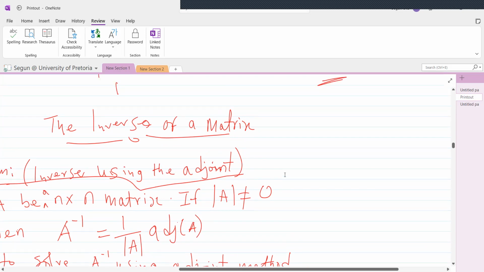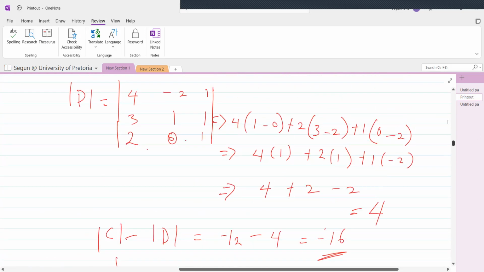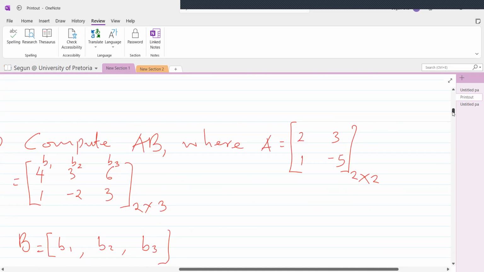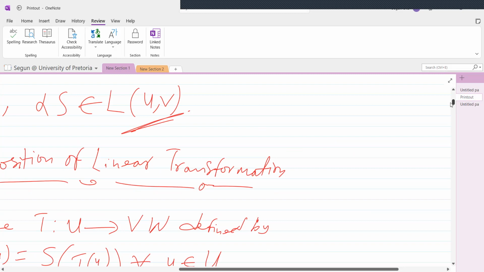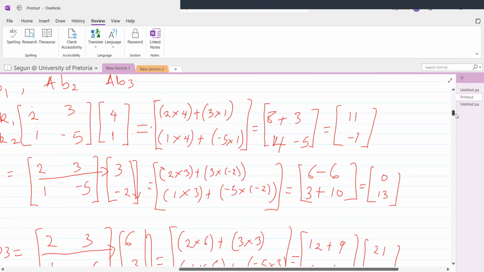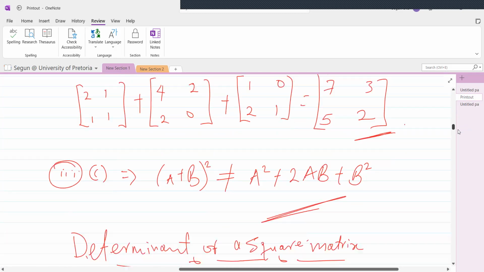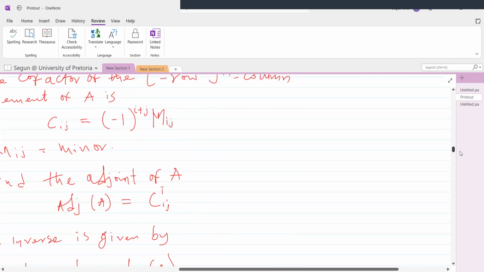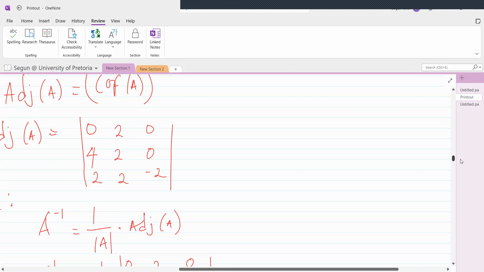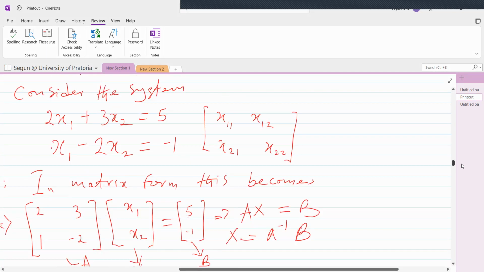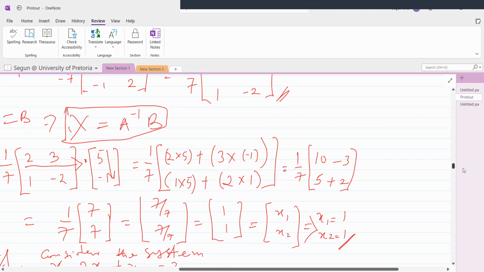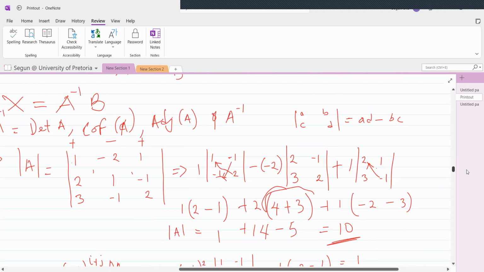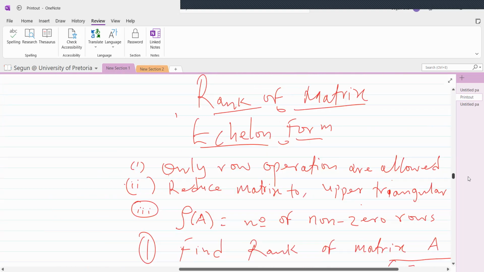Don't let me show you. It's in your notes. We are talking about non-zero rows. Remember, I mentioned it. When you have non-zero elements, that's when you are talking about the rank. Check your notes, please, or go and watch the video on the rank of a matrix. It's there. I don't want to bother you.